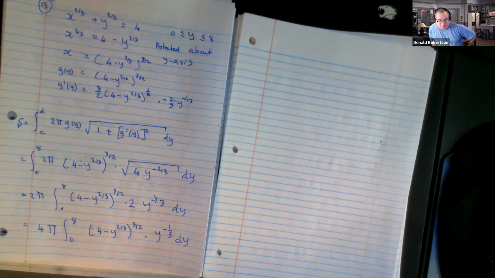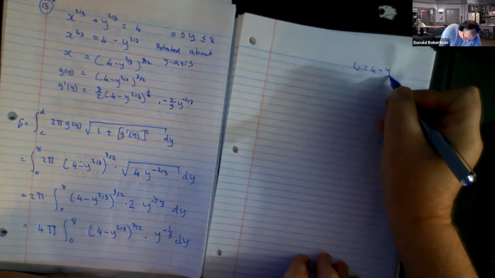That is one ugly looking integral, but it's actually not that difficult to do. It's actually a u sub. What u sub should I use for this question? Four minus y to the 2/3. Yeah.